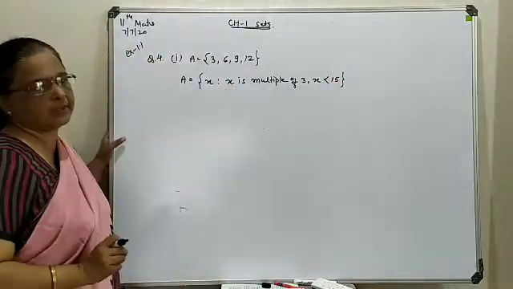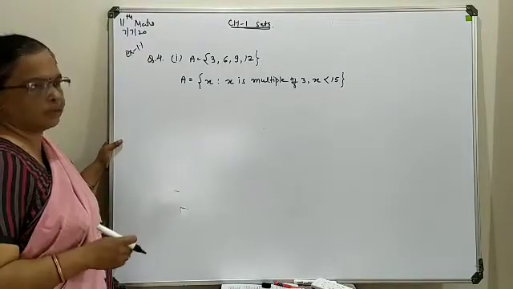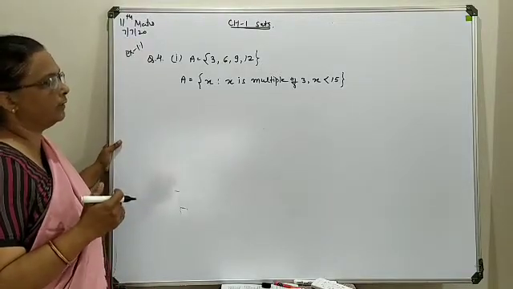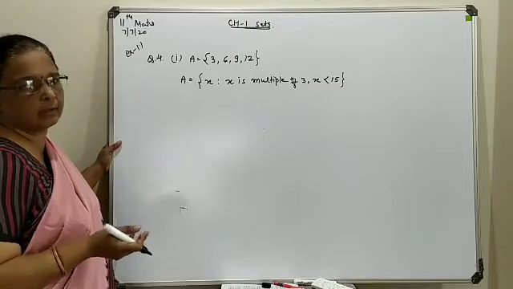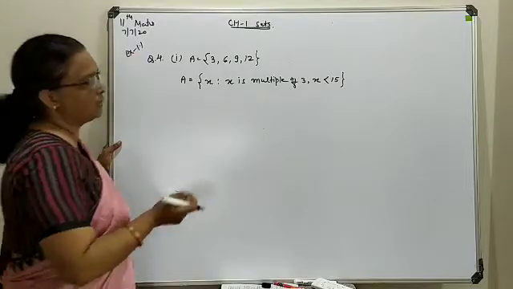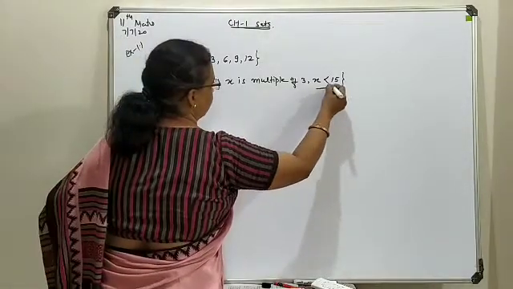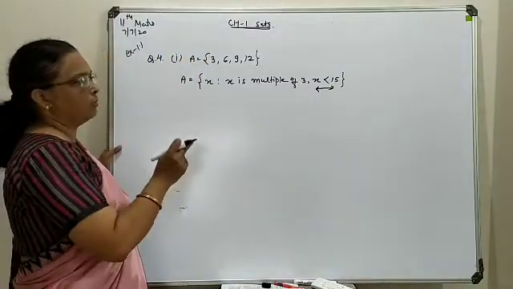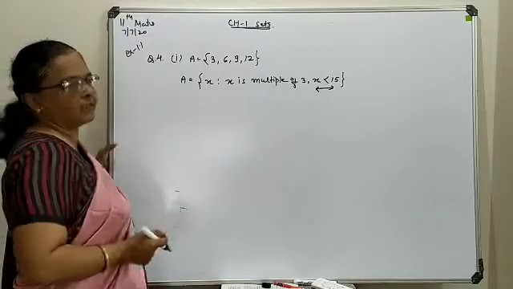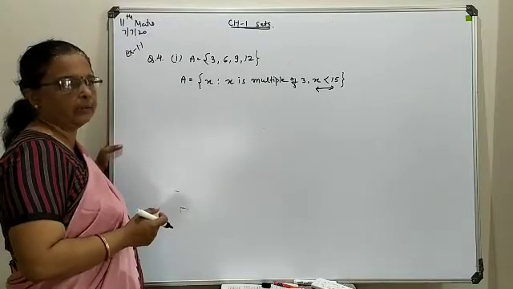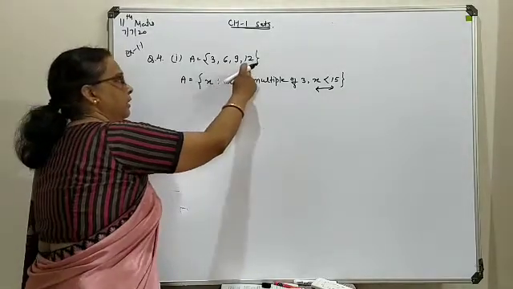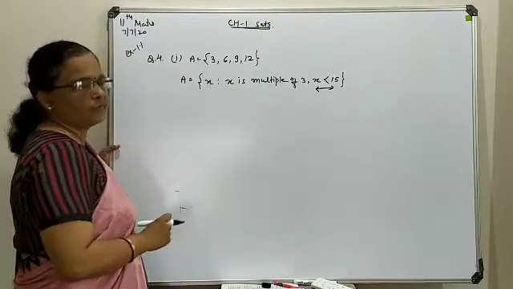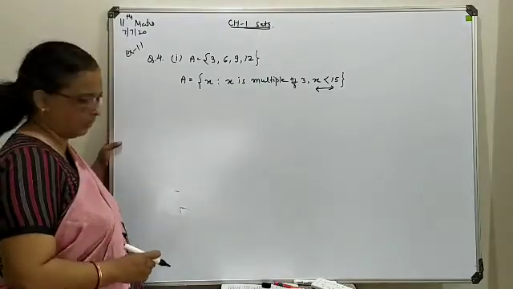Multiple of 3, we can start with 3, second is 6, then 9 and then 12. If you write the next one, that is 15. So the limitations we have to mention here carefully, that is, what the boundary points are. So x should be less than 15, which means the next element we are not going to include here. So this way this element form can be written in the form of a certain property or statement.